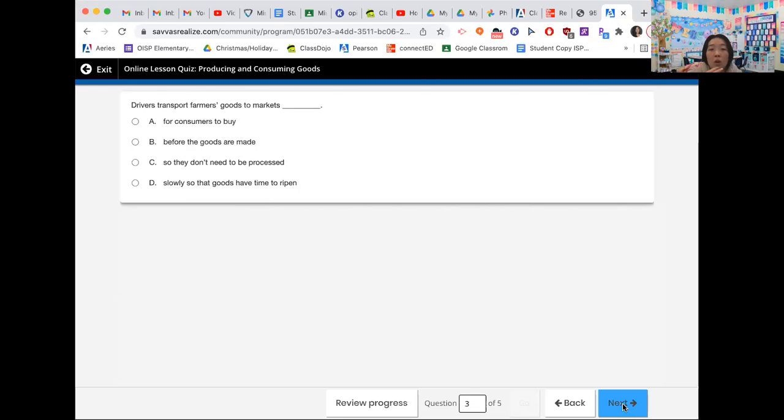Or are they transporting the goods slowly so that goods have time to ripen? Do you think they want to do it slowly or quickly so that it's fresh? A: for consumers to buy. B: before the goods are made. C: so they don't need to be processed. D: slowly so that goods have time to ripen.